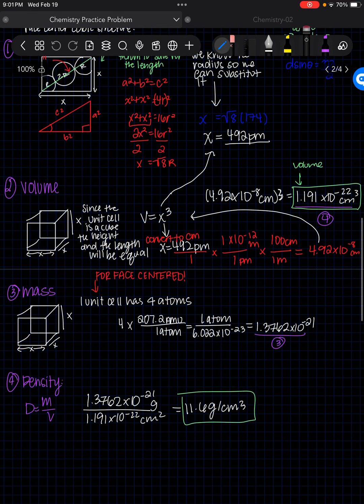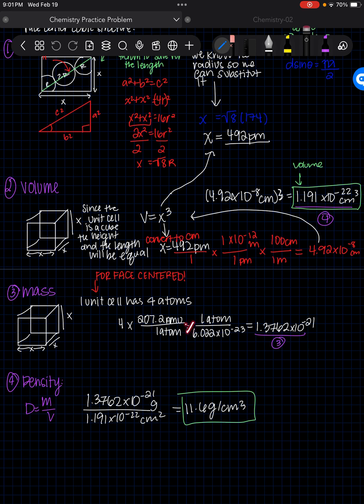You know the molar mass of the atoms because it's given to you in the periodic table of elements, which is your AMU, your atomic mass unit. You know that 1 atom of Pb is equal to 207.2 AMU. And we have 4 of them, so that's why we're multiplying it. But we need to know the mass, and you can't have mass in atoms.